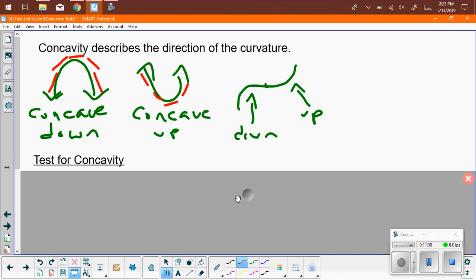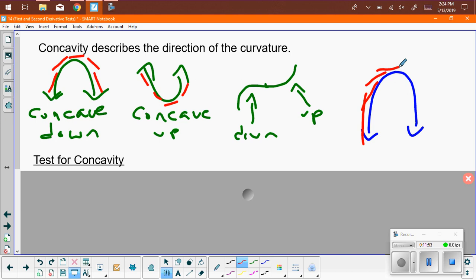If I look at my concave down, maybe I'll draw it again on the side here. We talked about this idea of acceleration and deceleration. Here I would start with a steep positive slope, and it's getting less steep, less steep, less steep. So I would say that is decelerating as I go around.